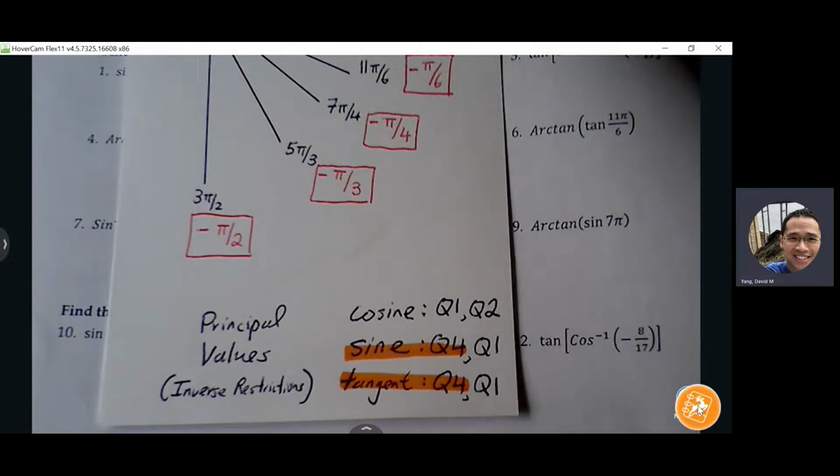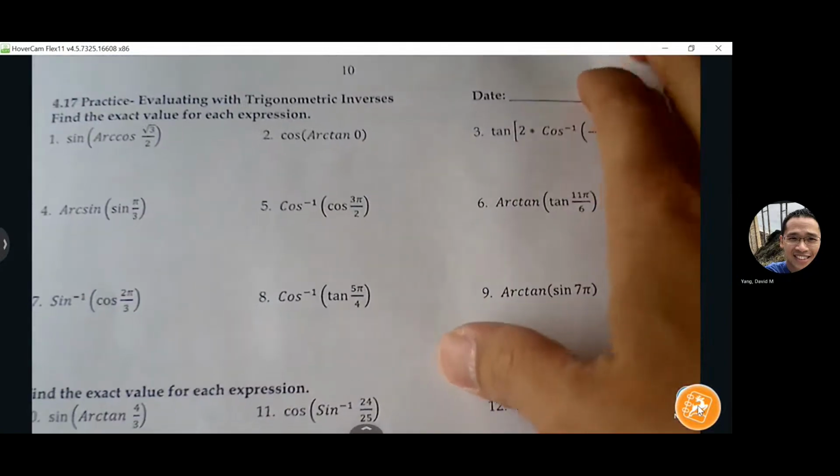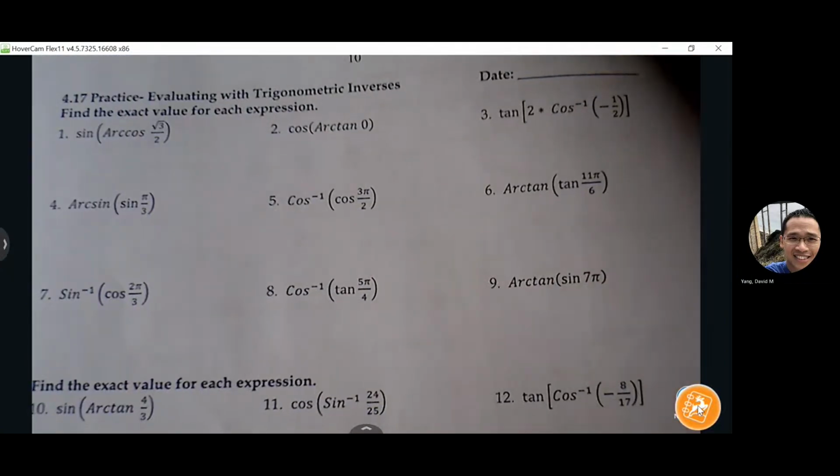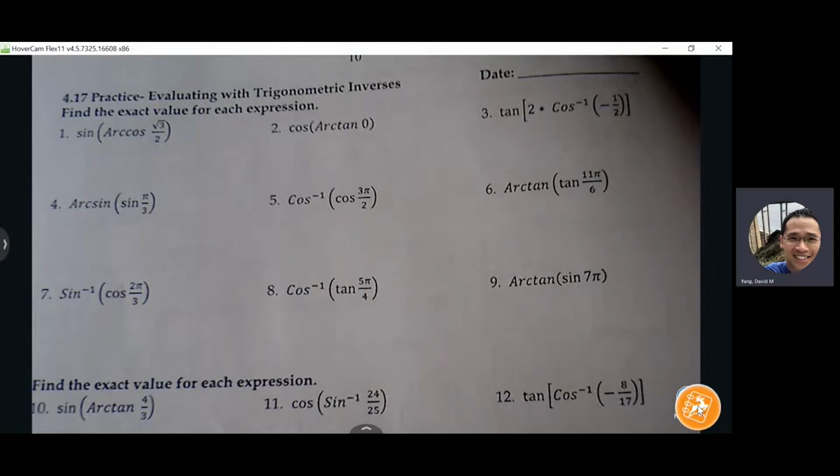Okay, so we'll review this as we go through this page on page 10. Okay, so I'll go through this one step at a time. Okay, and we're going to reference our unit circle a lot here.